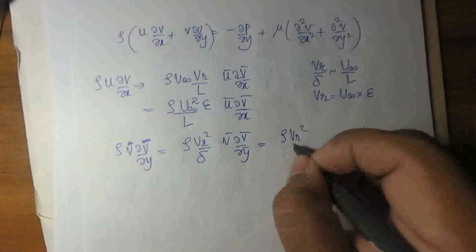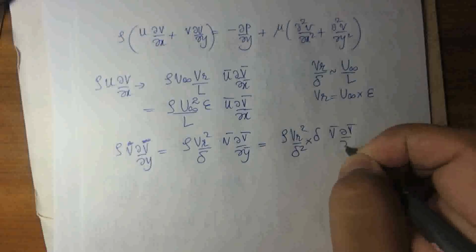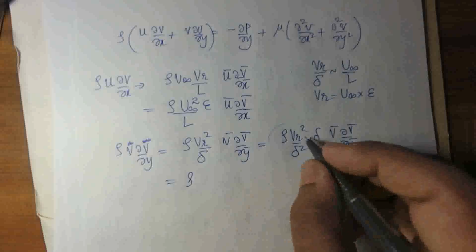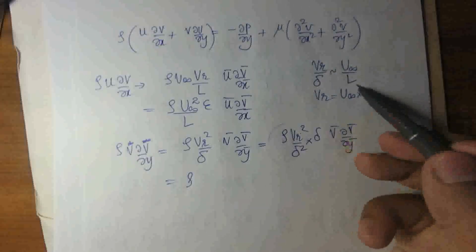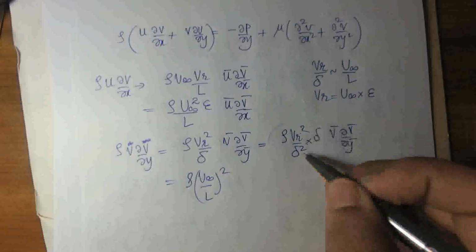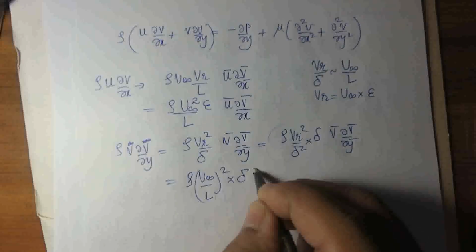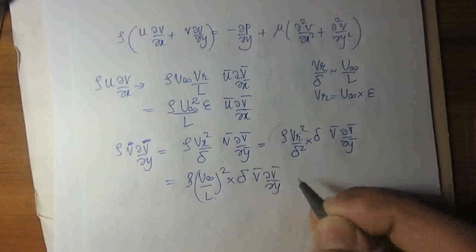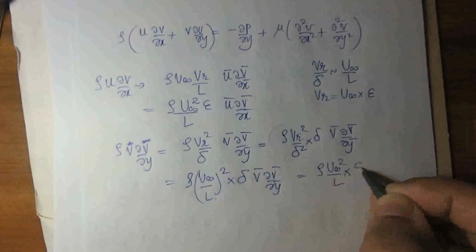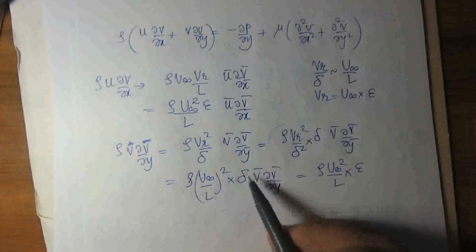So v reference square by delta square into delta times v bar del y bar, and this is nothing but rho, but Vr by delta is the same as u infinity by L, so this becomes u infinity by L whole square, because this is Vr by delta whole square. And this is nothing but rho u infinity square by L times epsilon, because we can take one of the L from the L square and combine it with delta to write as epsilon.